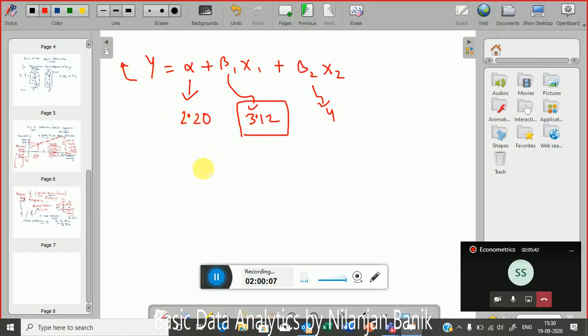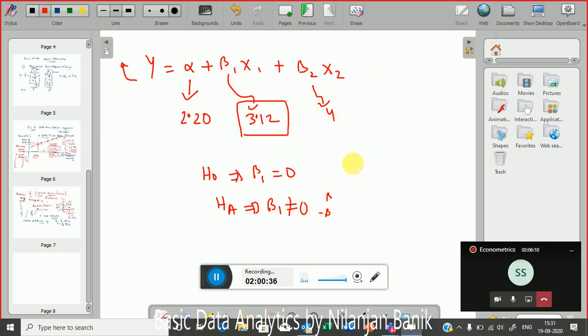But basically the null hypothesis is saying that beta 1 is equal to 0, and what is my alternate? If you open any standard textbook, this is not equal to 0. Not equal to 0 means it can affect both in a positive way or a negative way, because it can take either a positive beta value or a negative beta value.